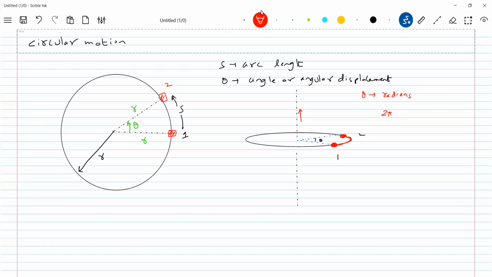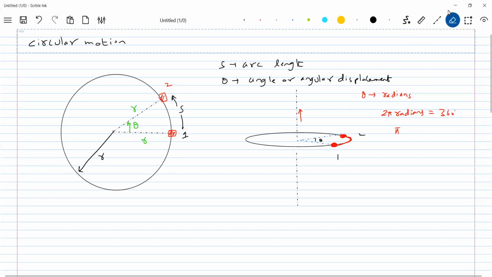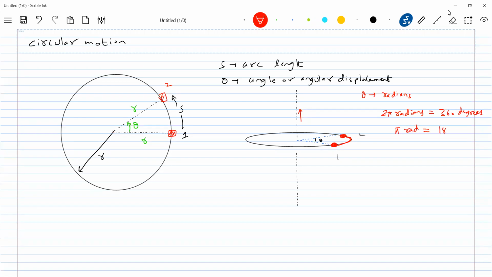So 2 pi radians is equal to 360 degrees, or the simplest thing, pi radians is equal to 180 degrees. Degrees we indicate like this.